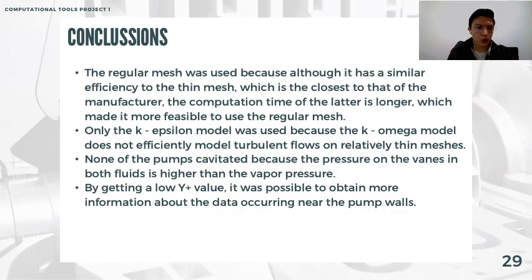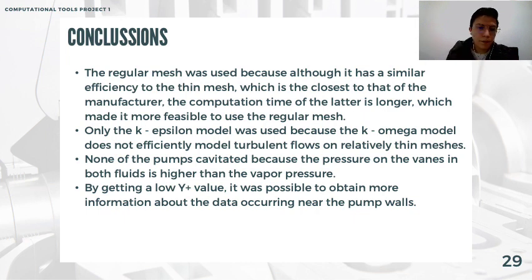For our conclusions, we have that the regular mesh was used because, although it has a similar efficiency to the thin mesh, which is the closest to that of the manufacturer, the computation time of the latter is longer, which made it more feasible to use the regular mesh. Another conclusion is that only the K-epsilon model was used because the K-omega model does not efficiently model turbulent flows on relatively thin meshes.